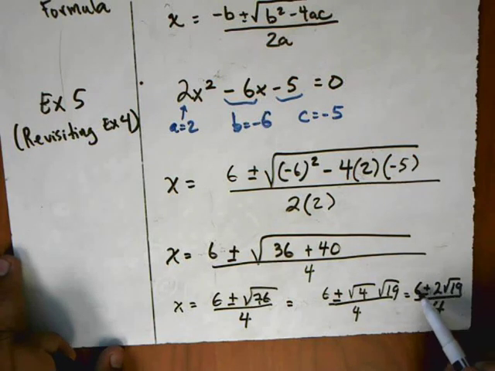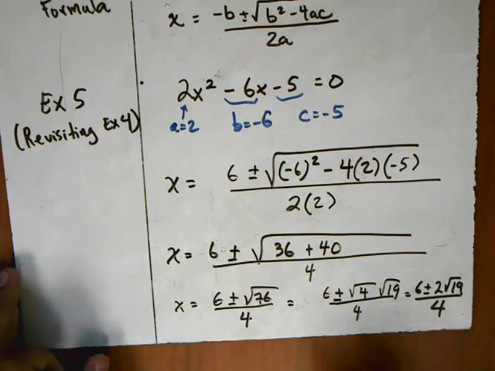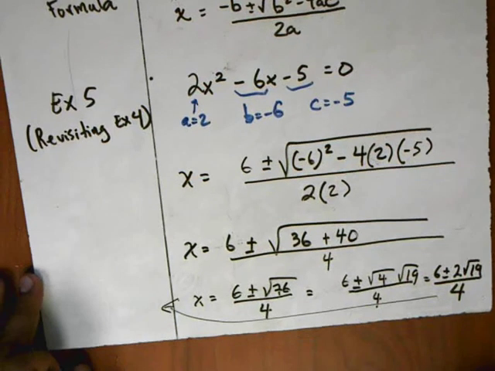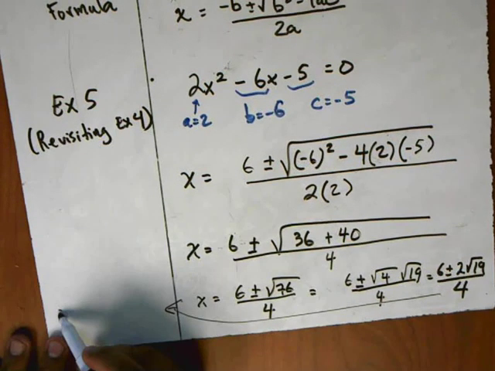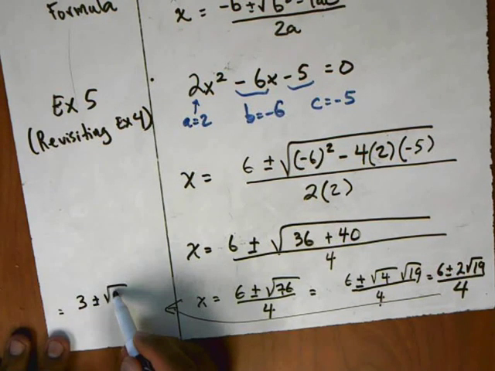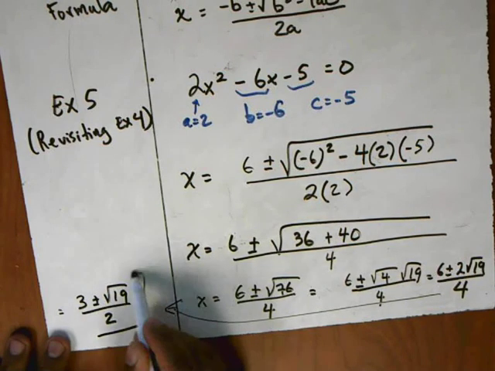Okay. The 6, 2, and 4, we can factor out a 2 in that case. Now let me write my answer to the side here. You should write this on the main part of your paper. This is really equal to 3 plus or minus the square root of 19, all of it over 2.